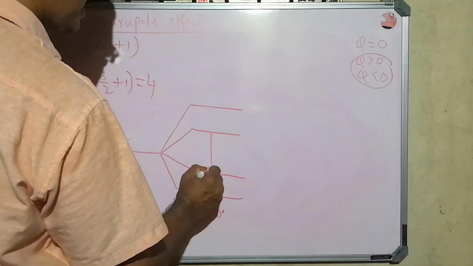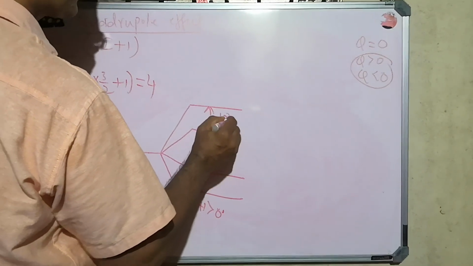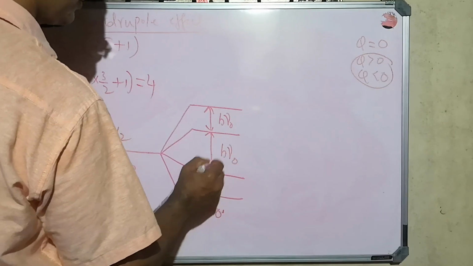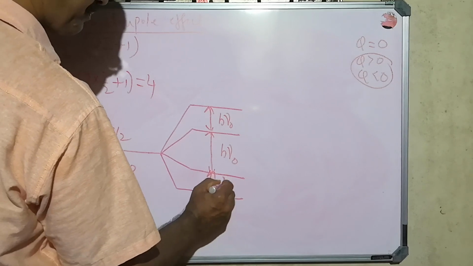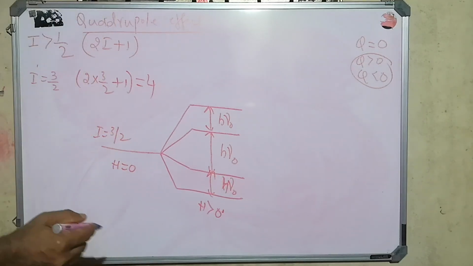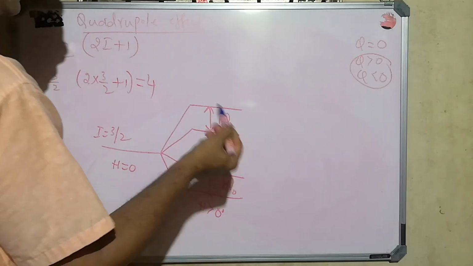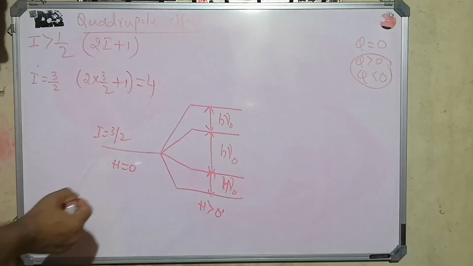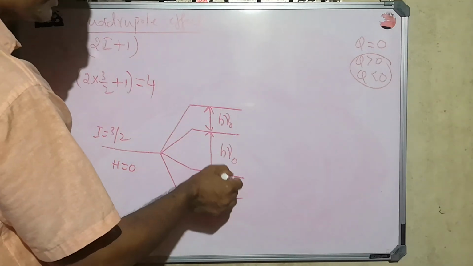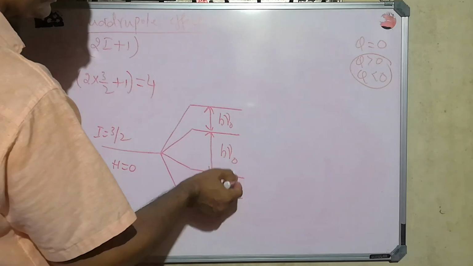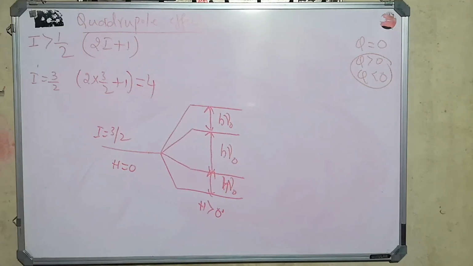The transitions take place between these energy levels, leading to H nu naught. Here also H nu naught, because all are equally placed. That means here all three peaks superimpose and we will get a single peak, because all peaks have the same intensity or the same frequencies emitted during the transition.